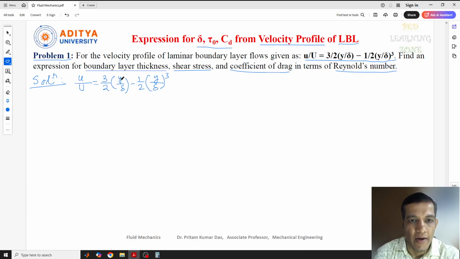Now we need to put this value in the von Karman momentum integral equation, which was derived in our previous lectures; if you see that video, you can get the equation.